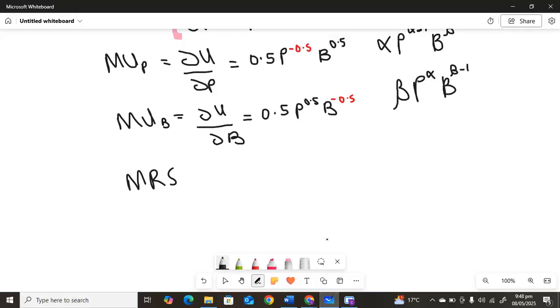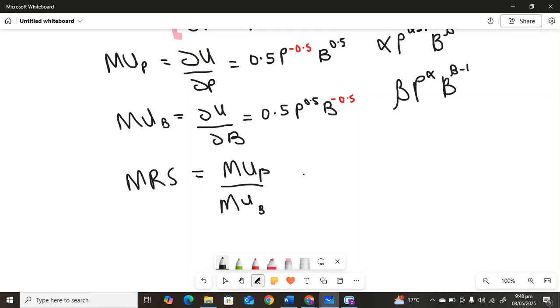In our case here, it is the same as saying MUp, marginal utility of pork, over MUb, marginal utility of beef. That's how you get the marginal rate of substitution.